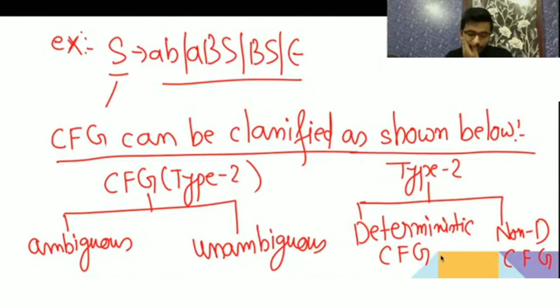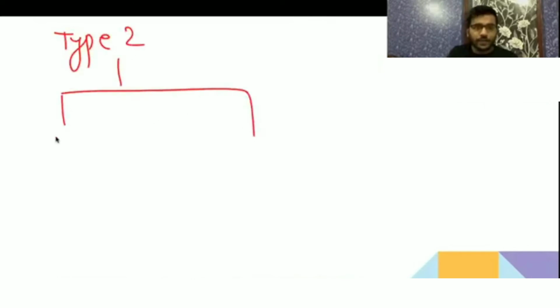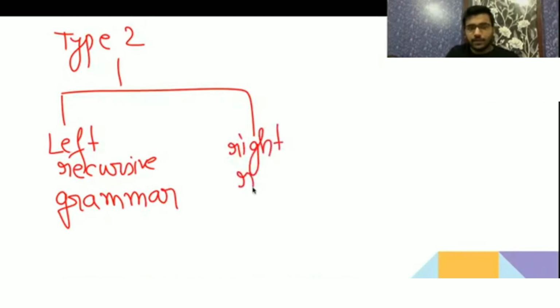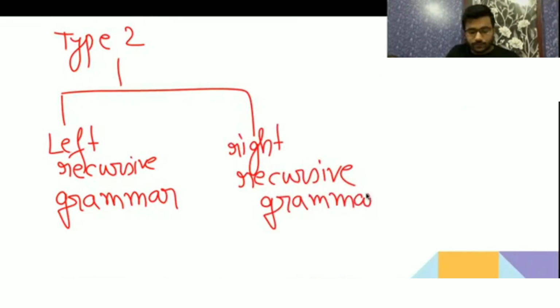And the next one is left recursive grammar or right recursive grammar. So ambiguous or unambiguous, deterministic context free or non-deterministic context free, and left recursive or right recursive.